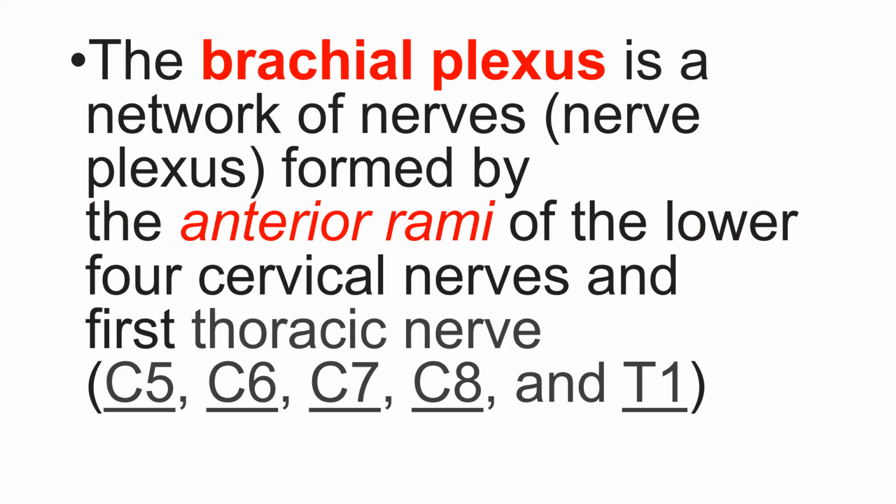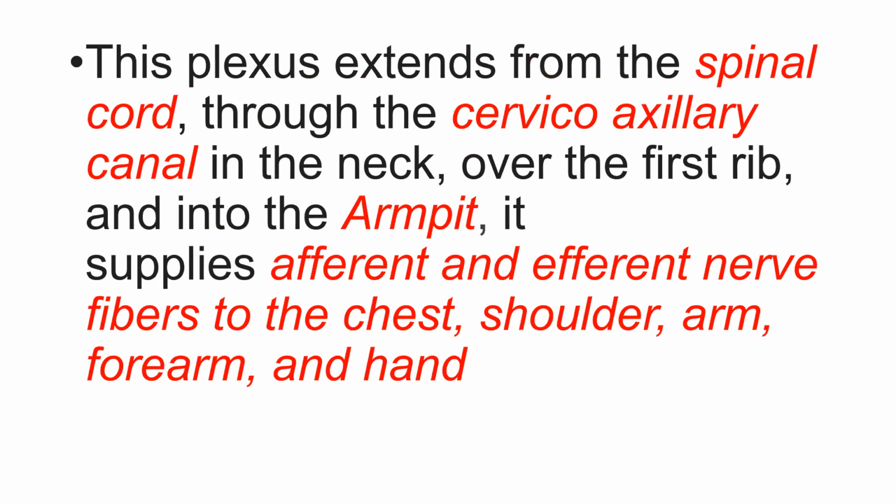formed by the anterior rami of the lower four cervical nerves and first thoracic nerve. If they ask you, you should mention that the branches of the brachial plexus comes from C5, C6, C7, C8, and T1. This plexus extends from the spinal cord to the cervical axillary canal, which is before the armpit.